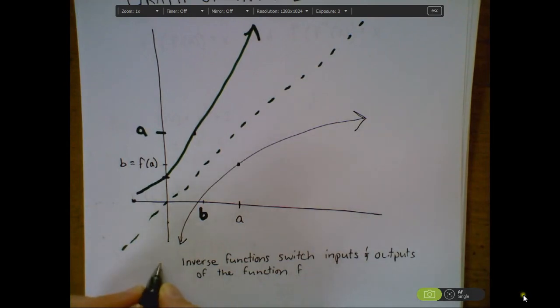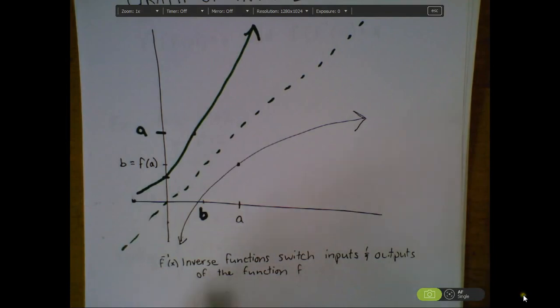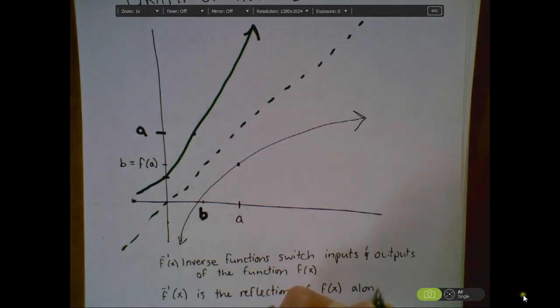So my inverse function, f inverse, switches the inputs and outputs of our function f. And what does that mean graphically? That means f inverse is the reflection of f along the line y equals x.